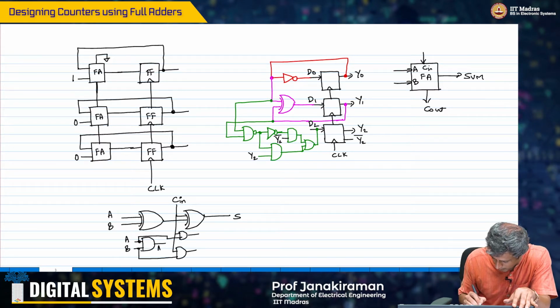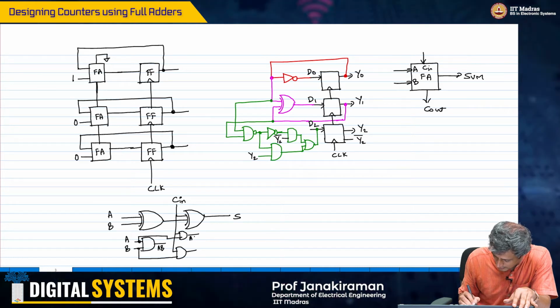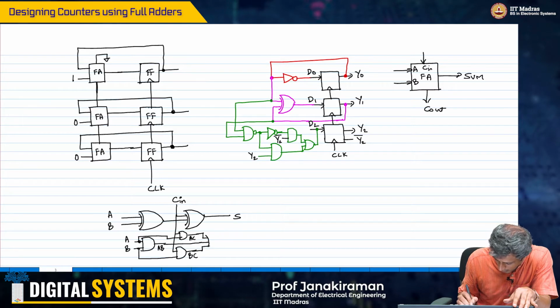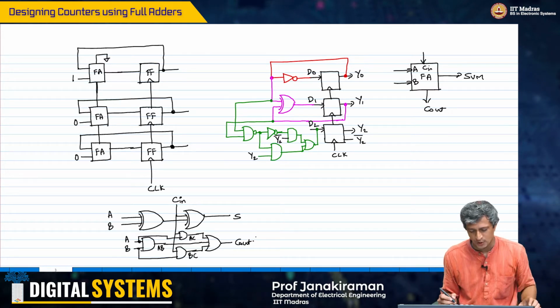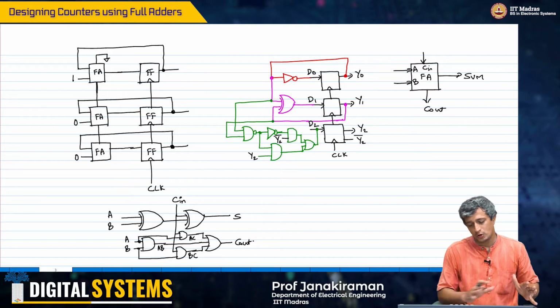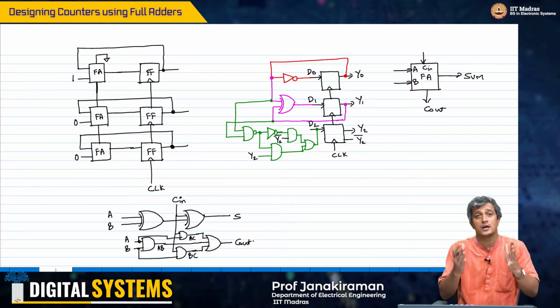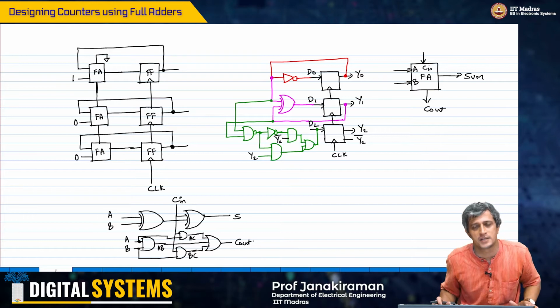So you get AB here, you get AC here, BC here, and then you simply pass these three inputs to a 3 input OR gate and you will be done. This is my C out. So effectively what you have now got is the full adder's internal circuit diagram.